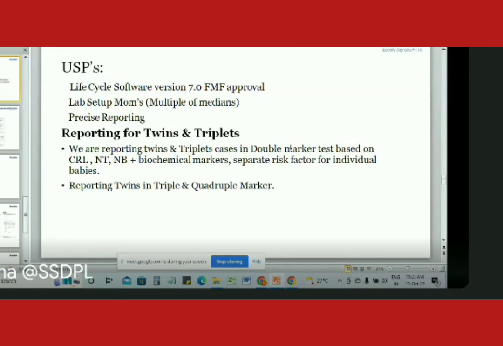He is asking about the cost of the Victor 2D machine.